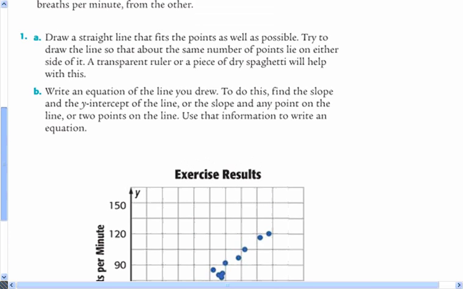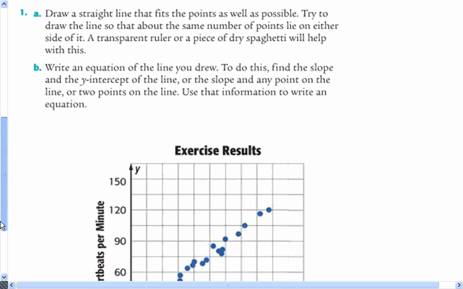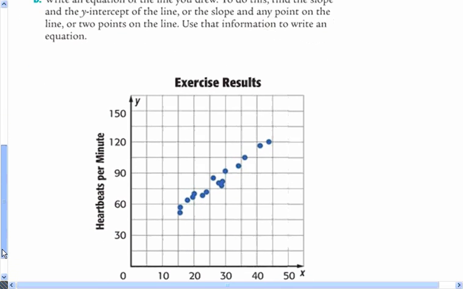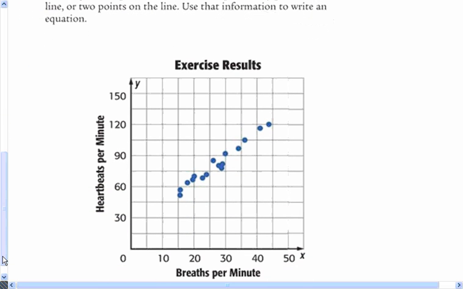And what we're going to do is try and draw a straight line that fits the points as well as possible. So you're going to take your straight edge, and you should do this as I do it. And the most important thing is that you get the same slope as the dots in the pattern. So try and make your line match the pattern of slope.